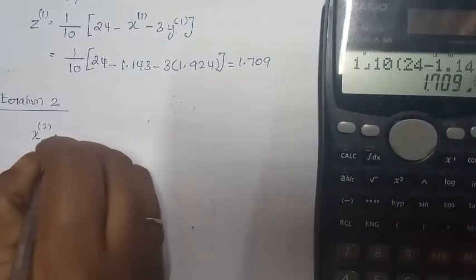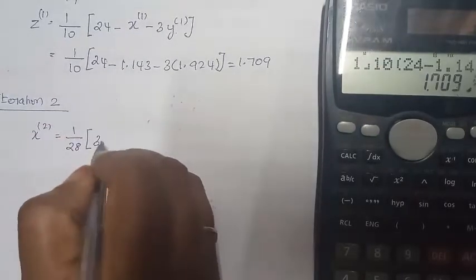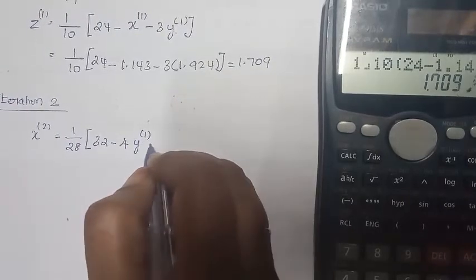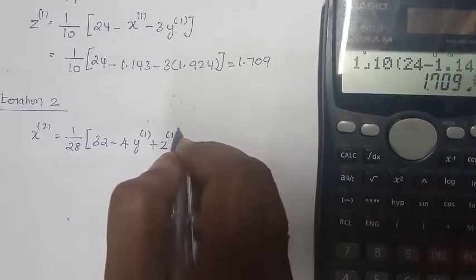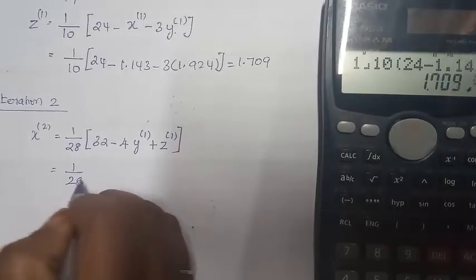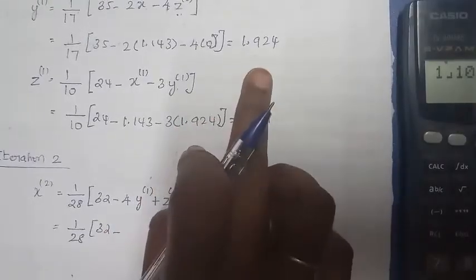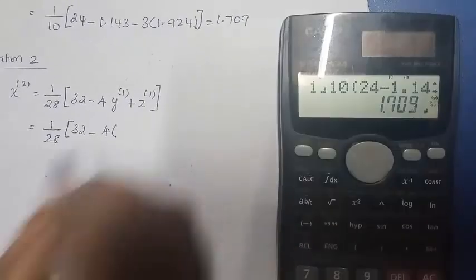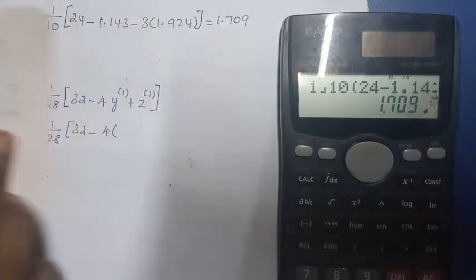Iteration 2: x2 is 1 by 28, 32 minus 4 into y from the first iteration plus z also from the first iteration. You can see the recent y and z values even from the tabular column. 4 into the recent y value is this and z value is this.